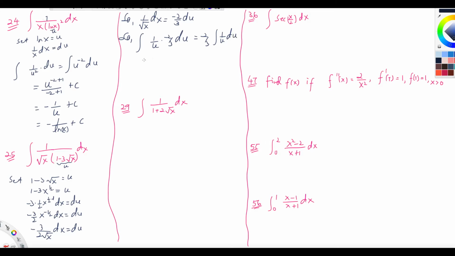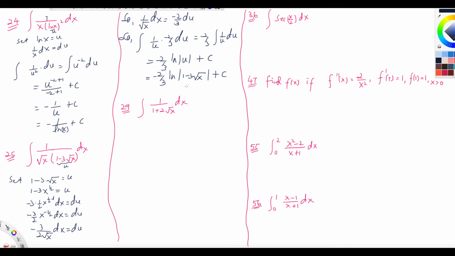What is the integral of 1 over u du? That is natural log of u plus c, right? Now plug back in the value of u, 1 minus 3 root x. That will be negative 2/3 natural log of 1 minus 3 root x, plus c. That is the final answer.